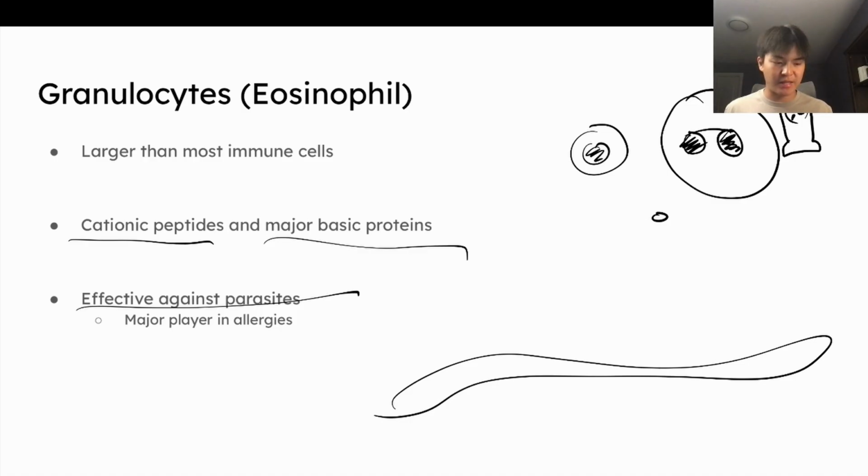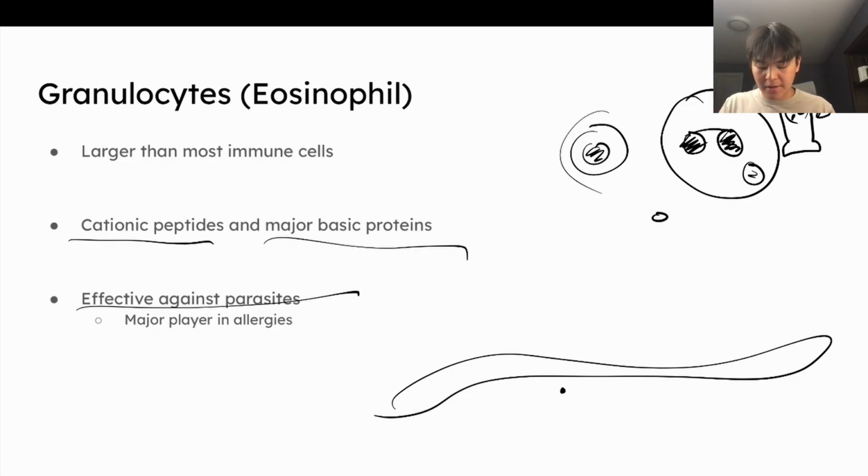You can actually see them in real life. They're like a little worm, right? So we need to deal with that somehow, right? One of our immune cells might only be this big to it. Like it's super small. But that's where eosinophils come in, because they have these nukes, right? Obviously in the form of granules, not that they actually have a full nuke. But these can do a lot of damage to even big organisms.